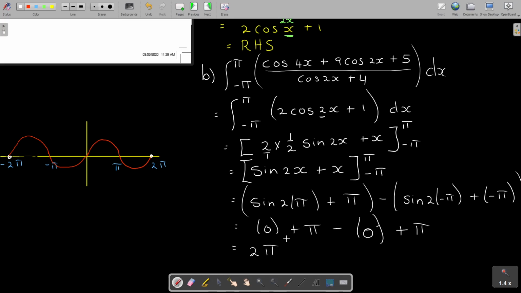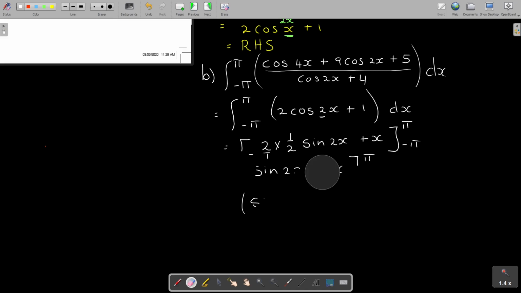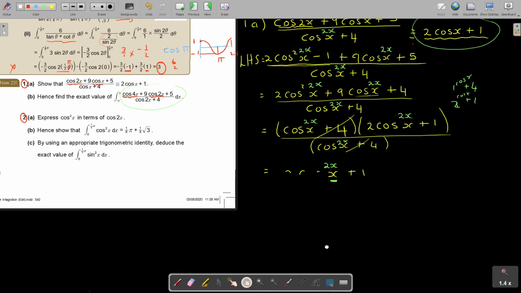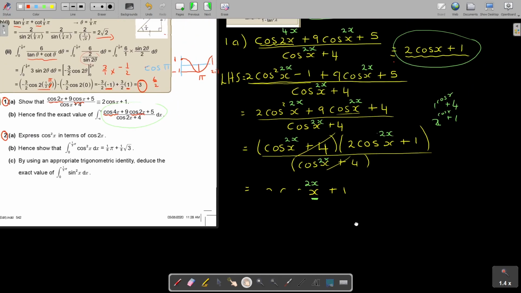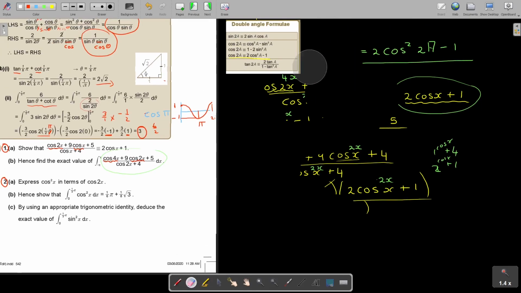Not so difficult. I want us to do the next one, and that is number 2. So let's start. Let's just make space. So here it starts. Now I have enough space.